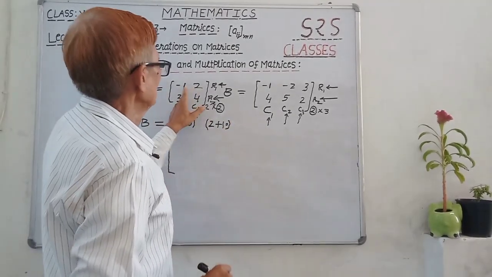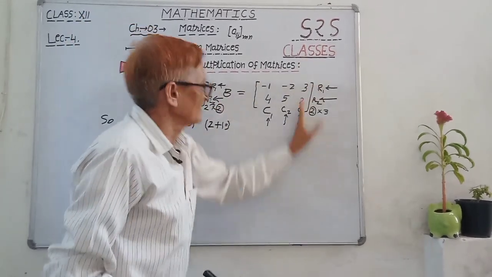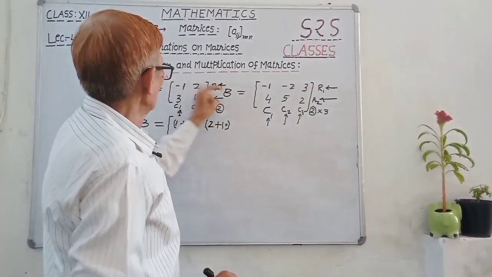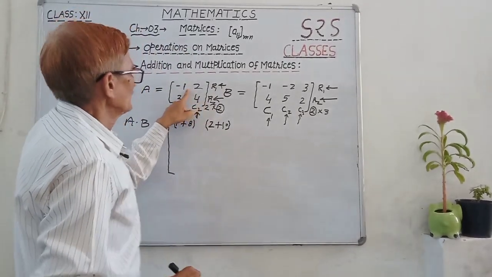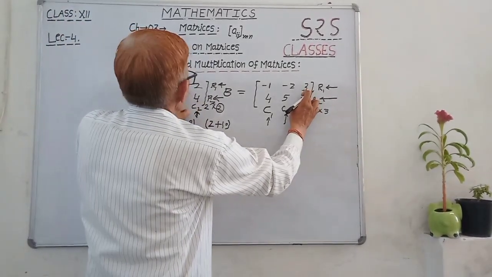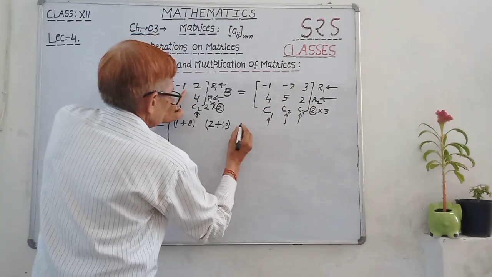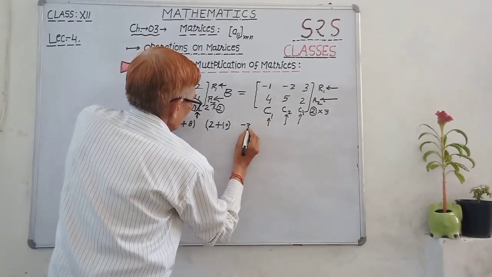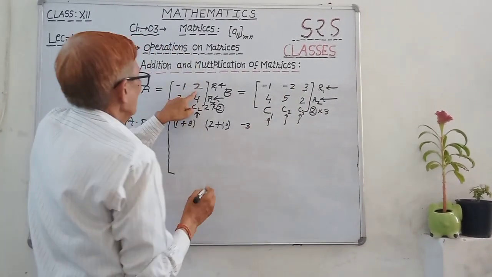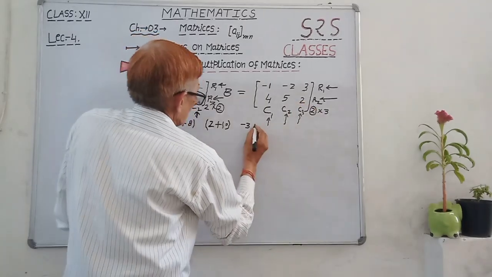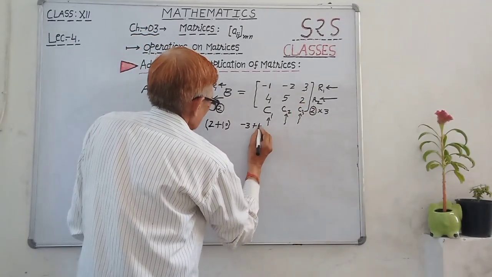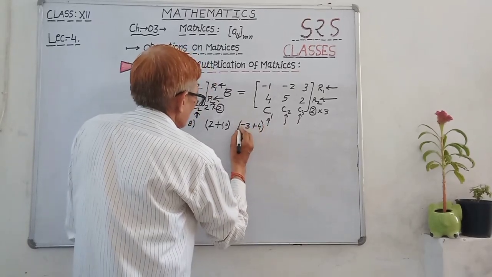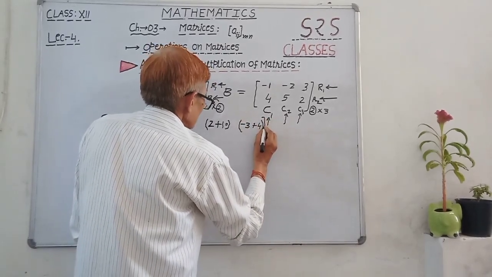Third element: first row with third column. Minus 1 and 3, multiply minus 3, and 2 multiply with this 2, 2 2 is 4. Understand this thing. This is the most important to understand.